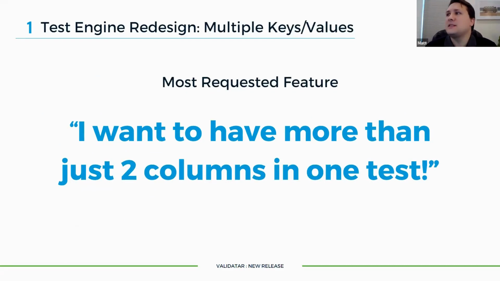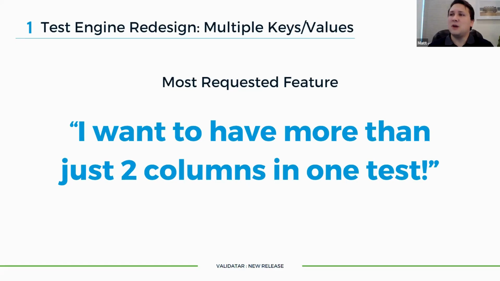But then this is the most important thing about what we're doing with our redesign. And this is our most requested feature. Everyone has been asking, hey, I want to have more than just two columns in one test. Historically, we've provided either single value or key value test types.